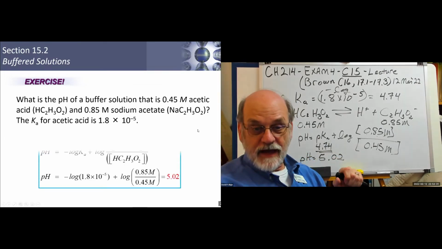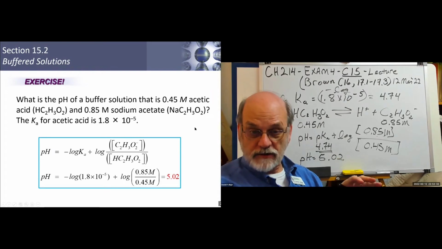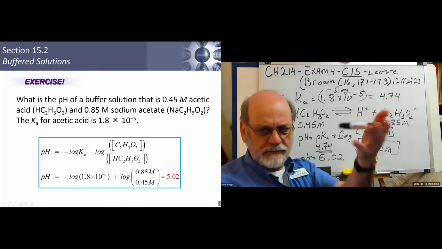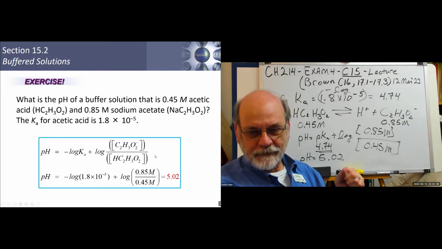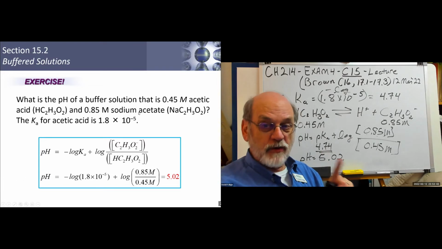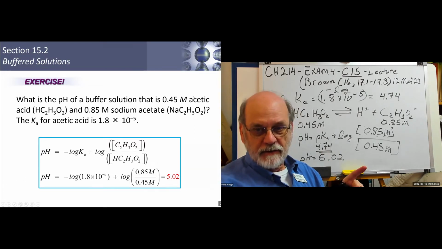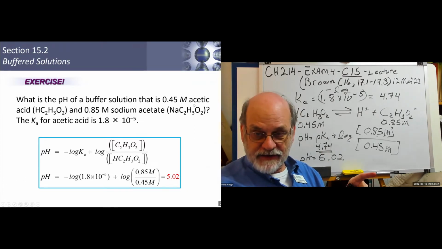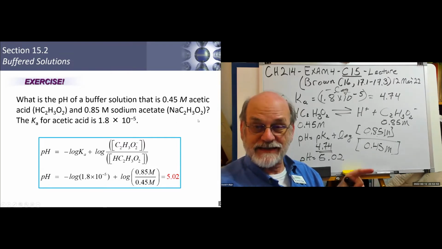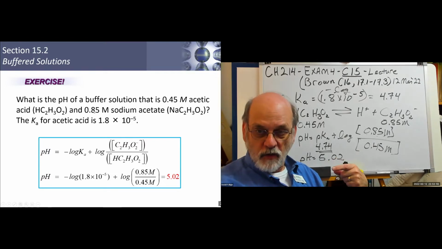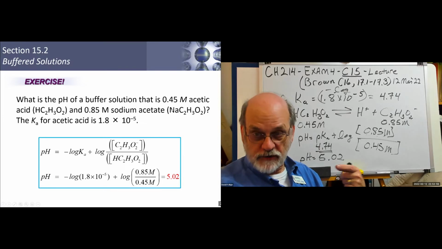Okay, that's how we use the Henderson-Hasselbalch equation. And there it is on the slide. Okay, we mixed this buffer ourselves. We made sure that by adding acetic acid, we produced this concentration of acetic acid, and then by adding sodium acetate, we generated a 0.85 molar concentration of sodium acetate.